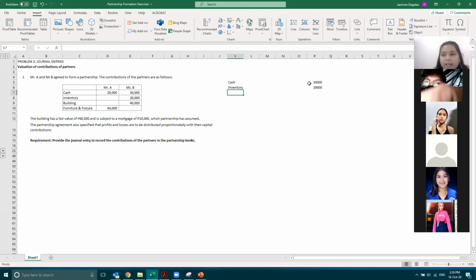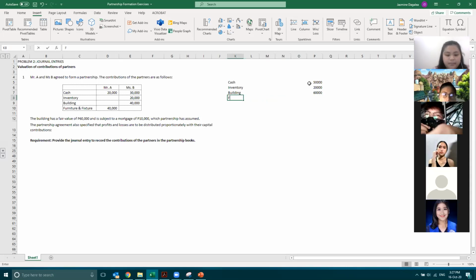Debit Buildings, 60K, kasi sinabi na may fair value na 60K. Debit Furniture and fixture, 40K. Tapos, done na tayo sa debits.